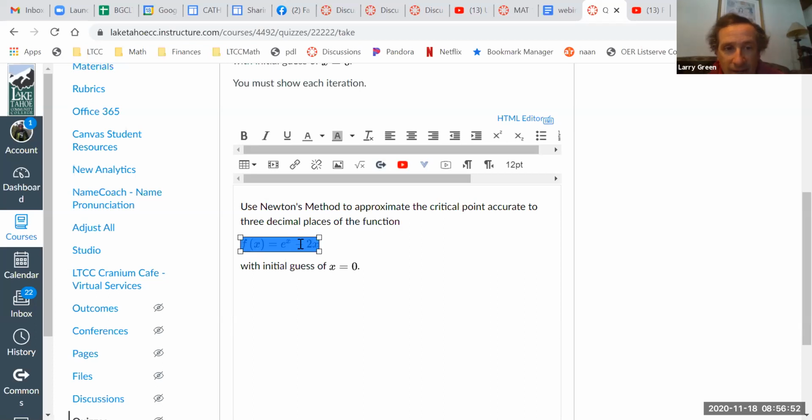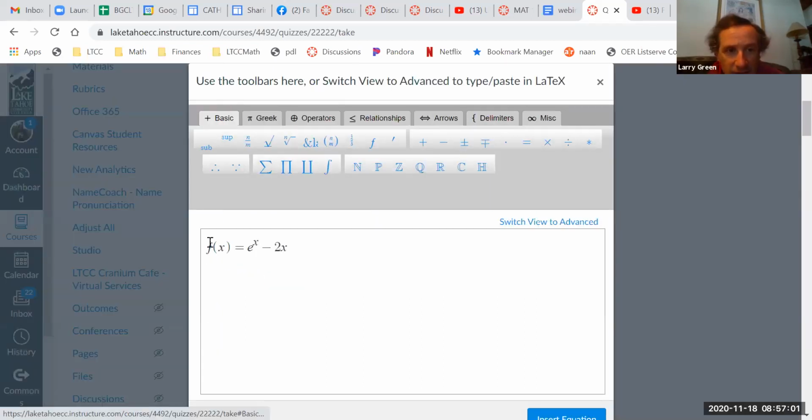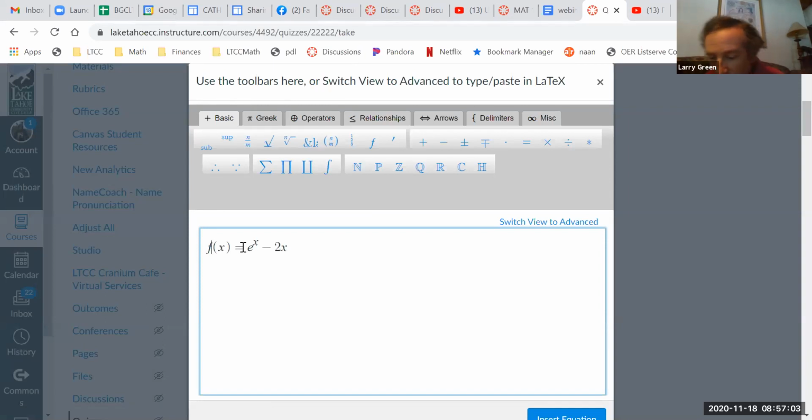So what I'm going to do is take the derivative of this function, and I'm going to set that equal to 0. So we know that f prime of x is, well, the derivative of e to the x is e to the x. I hope that's easy for you. And the derivative of minus 2x is minus 2. So again, the derivative was not the hard part of this.